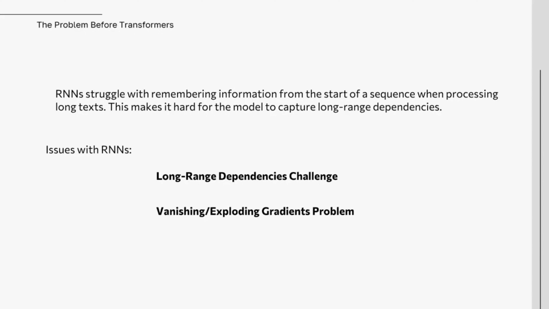If they shrink too much, the model can't learn from earlier parts of the sequence, which is known as the vanishing gradient problem. If they grow uncontrollably, you get the exploding gradient issue, which destabilizes the learning process. Either way, it makes it difficult for RNNs to effectively learn over long sequences, resulting in poor performance on complex tasks.